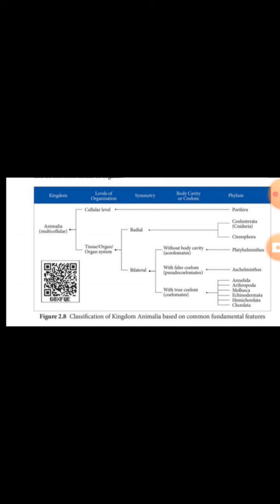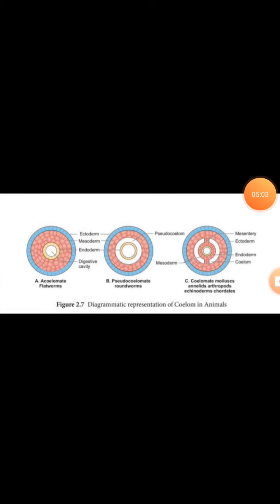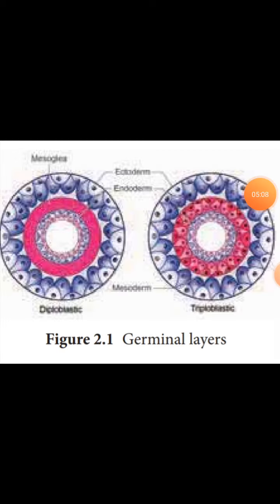The body cavity or coelom is based on the germ layer. Next, the germ layer. During the development of the embryo, germ layers develop. There are three types of germ layer.